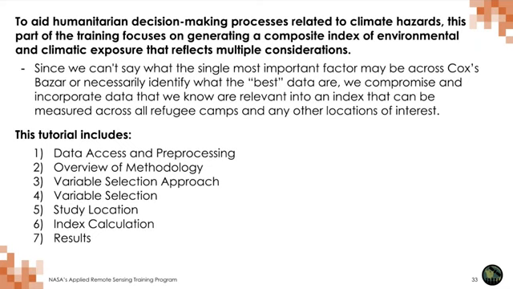We can't say what the single most important factor may be, or necessarily say what the best data are, but we compromise here, and the point is we're always compromising. We're always making decisions, and understanding that agency to compromise and make decisions is also part of understanding your privilege and your responsibility to interact in this space.